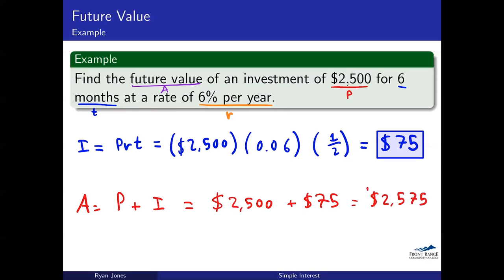What this is telling us is that if you just go to a bank and say, hey, you're going to give me 6% per year, great, I'm going to put in $2,500. Doing absolutely nothing will get you an extra $75. You don't have to do any work. You just have to put the money in their account. Boom. Obviously, maybe you don't have the $2,500 to start with. But if you do, put it in the bank, and you get $75 for doing absolutely nothing.